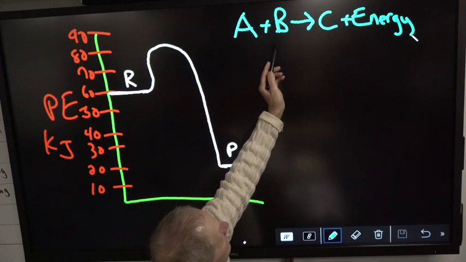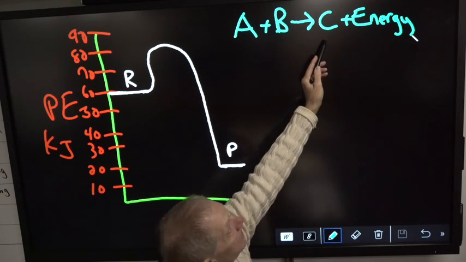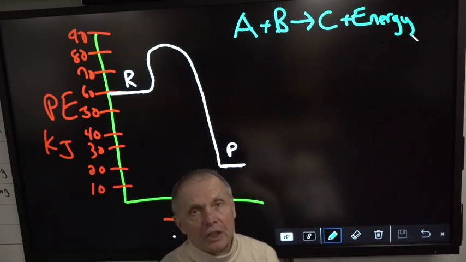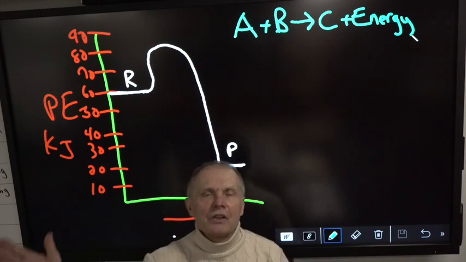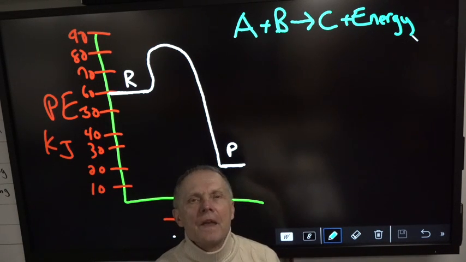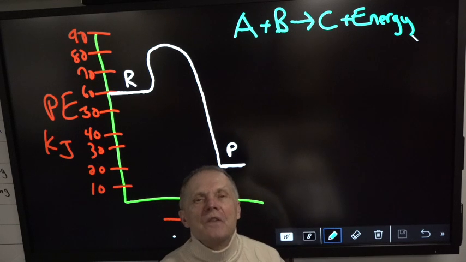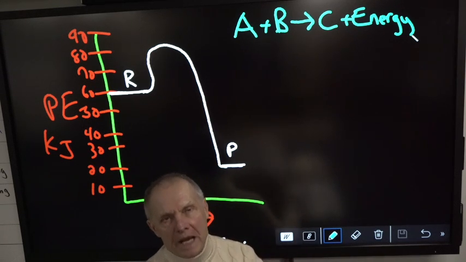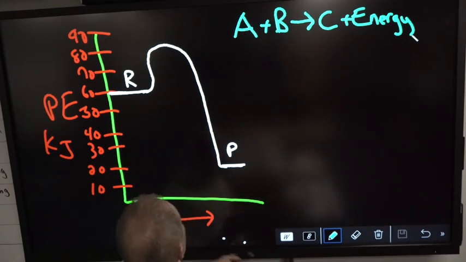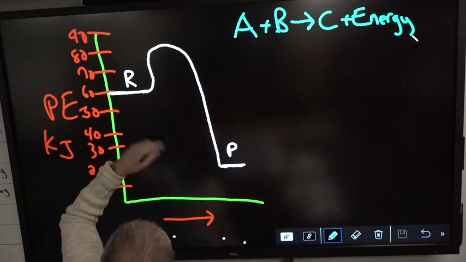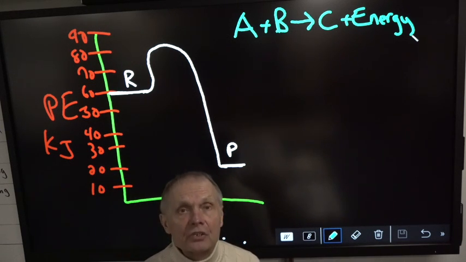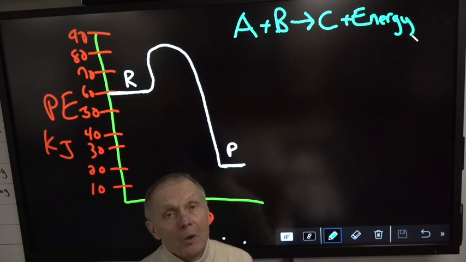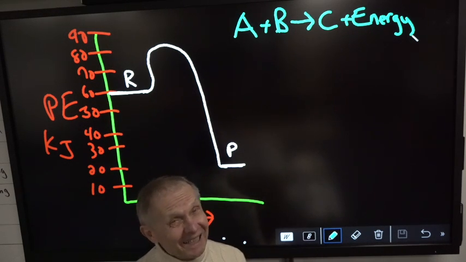And when you struck them together, you produced C, which was a burnt match and a lot of energy. So when you see the energy on the product side, that means you got more energy out. That is an exothermic reaction. Now, we're going to go over all the line segments in this graph. And hopefully you'll understand. It's kind of easy.